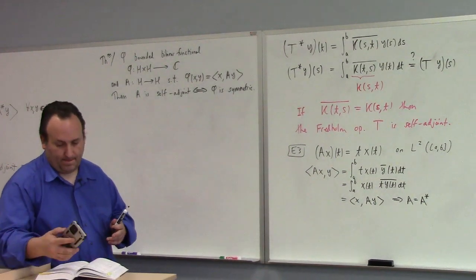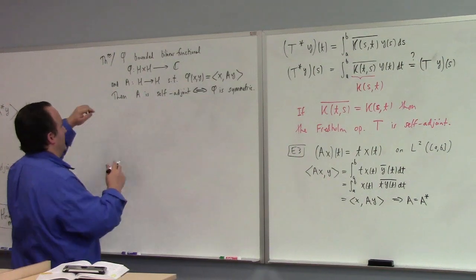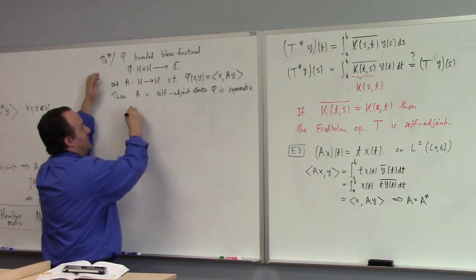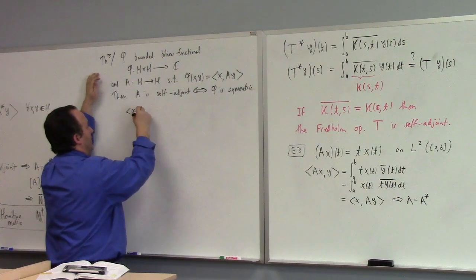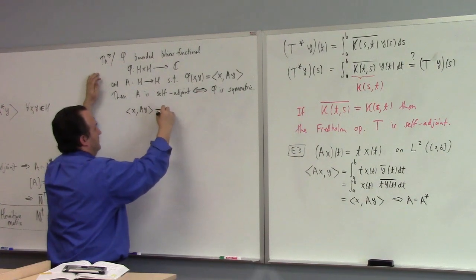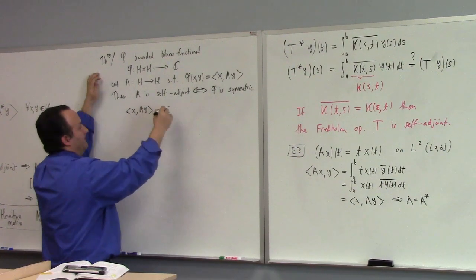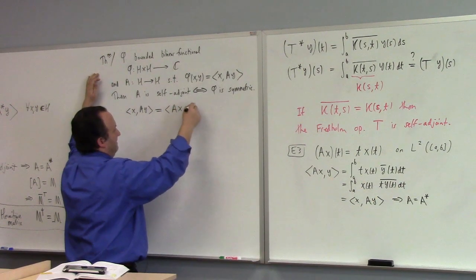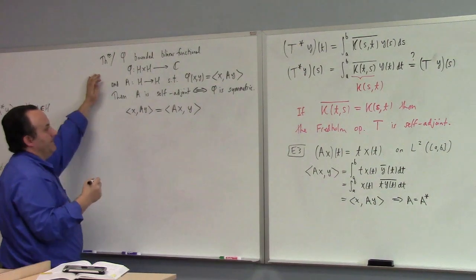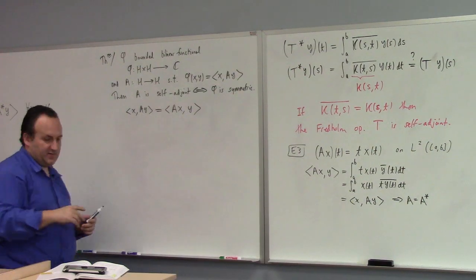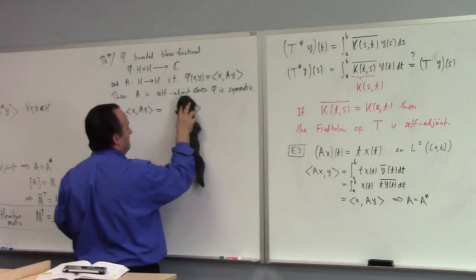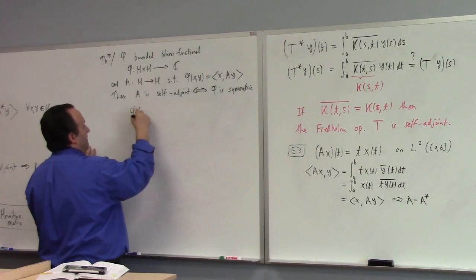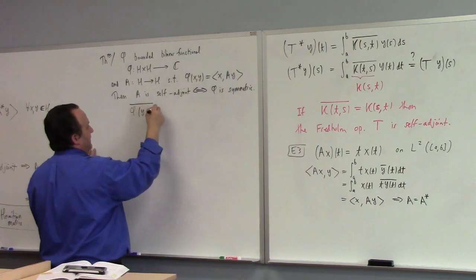So let's see here. If we have x, Ay equals Ax, y. Oh, okay, I'm sorry, I'm jumping steps here. Let's do this right. All right, I'll start with phi of y,x, right? I'll conjugate that thing.